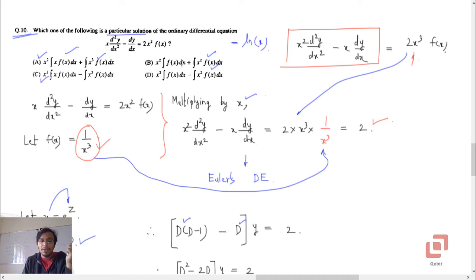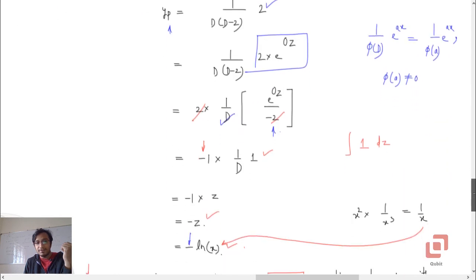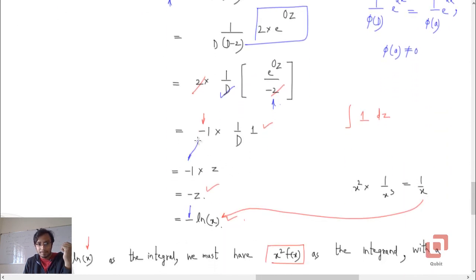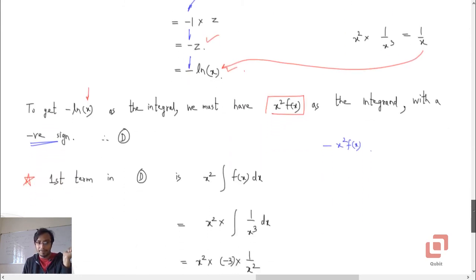Option B may give you just log x, by the integration of x squared into f of x, but it will not have this negative sign, which exists throughout our integration process. So we will select option D.